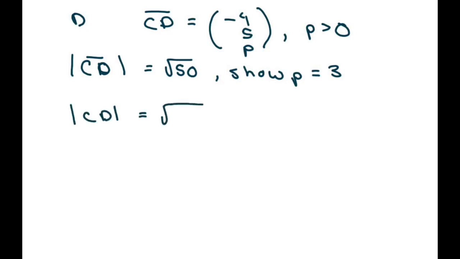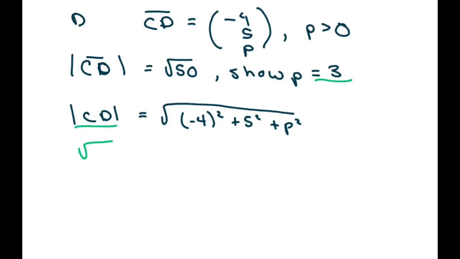CD equals the square root of (-4) squared plus 5 squared plus p squared. And we want p to be 3. Well, this equals the square root of 50. And then when you simplify this, you're going to get 16 plus 25, that's going to be 41, plus p squared.